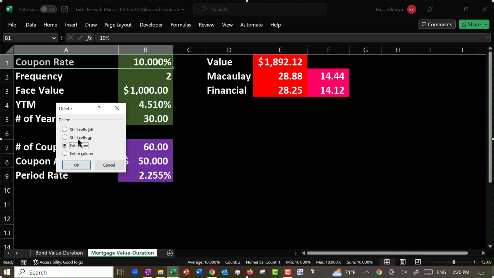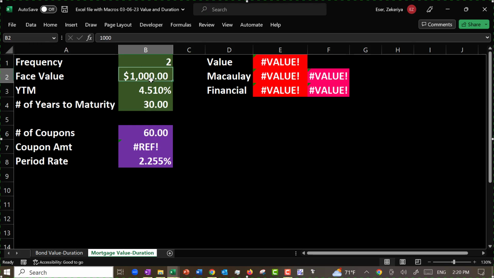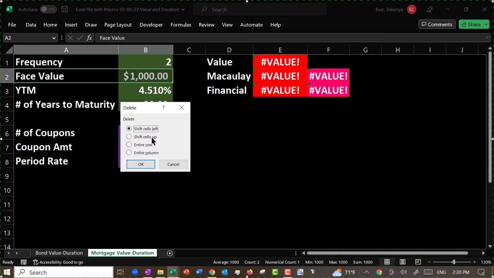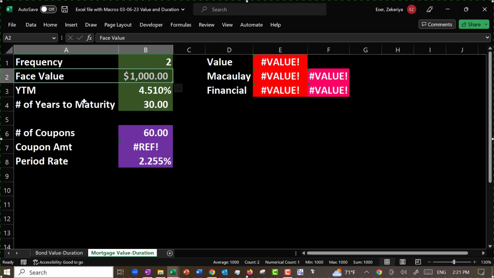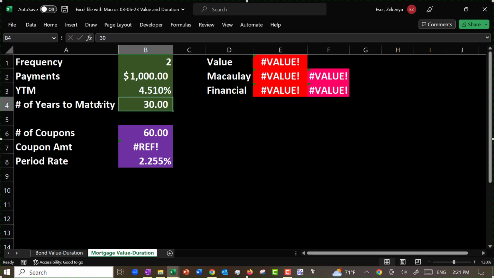We don't have to, but there is no face value. Actually, let's make this payments. Okay. And I'm going to make this 12. I don't have to worry about this. Okay.